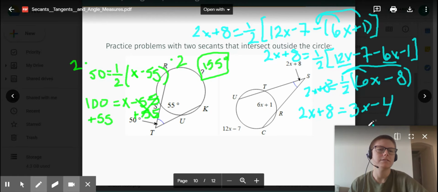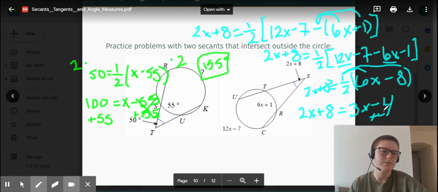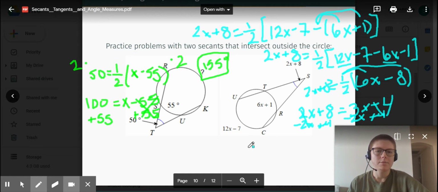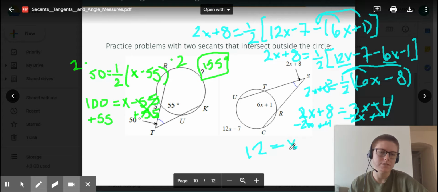I'll add the 4 over here, I'll minus the 2x, so add 4 minus 2x. Okay, got that. 8 plus 4 is 12. 3x minus 2x is just x. So we're done. X is 12.